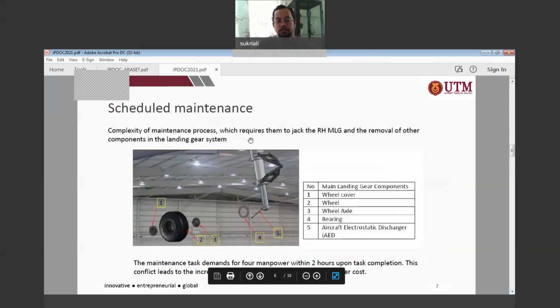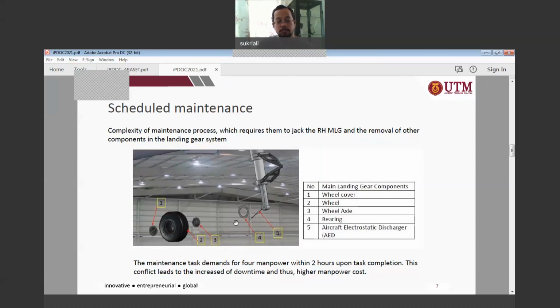The main issue for maintenance of this AAD is that to replace it on the Sukhoi MKM, the technician needs to disassemble the wheel system of the fighter aircraft. This requires unnecessary tasks just to get the AAD removed.